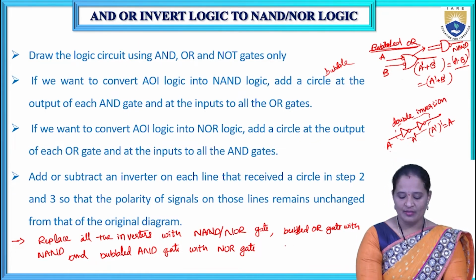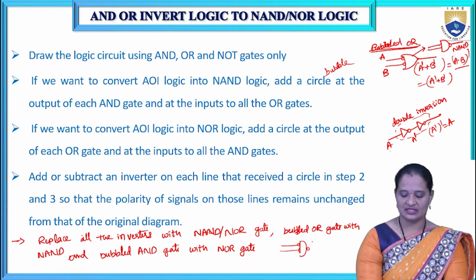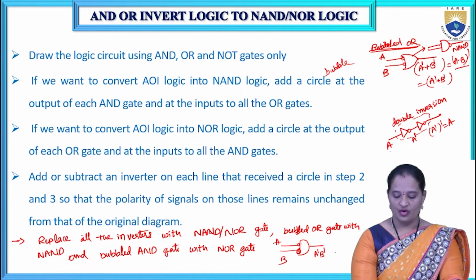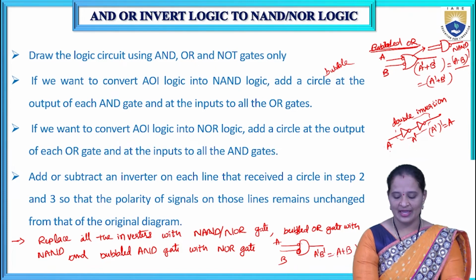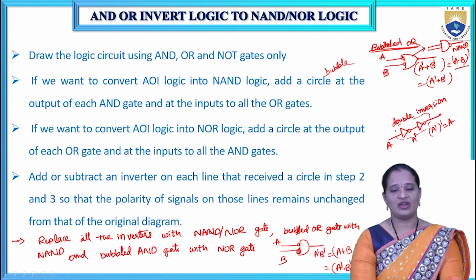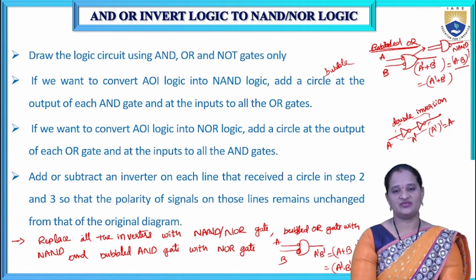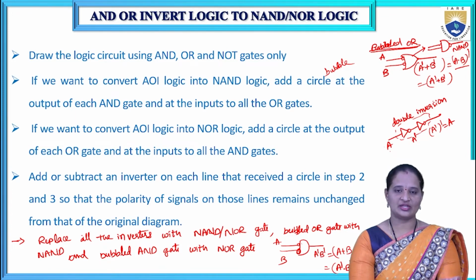Similarly, bubbled AND. Bubbled AND means an AND gate which has received bubbles at the input side. Okay, so we have bubbles here, A, B. So what is the output of this one? A bar dot B bar, which I can also write as A plus B whole bar. Applying De Morgan's law, it states that whenever you are taking a complement, the variable will be complemented, plus will be changed to the dot operator and dot will be changed to plus.